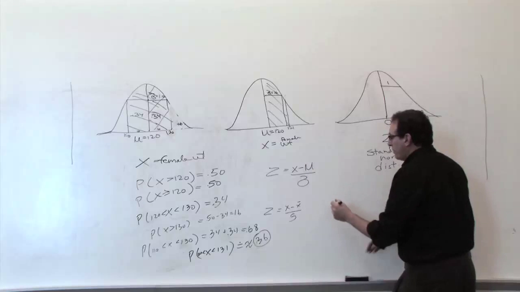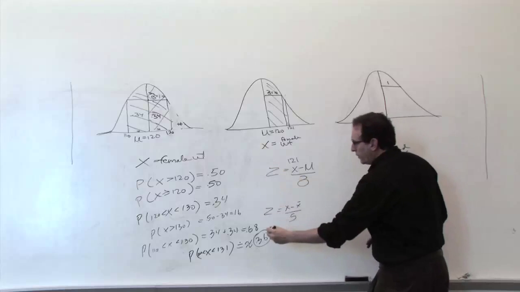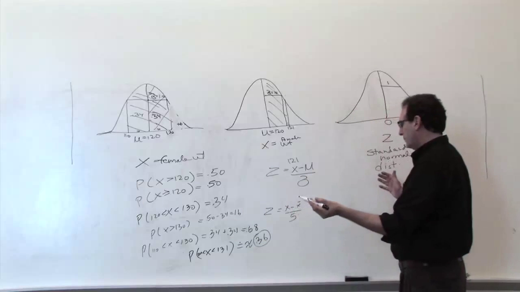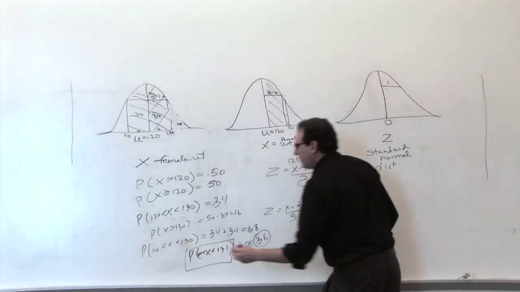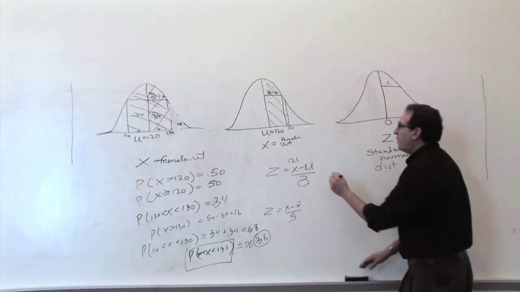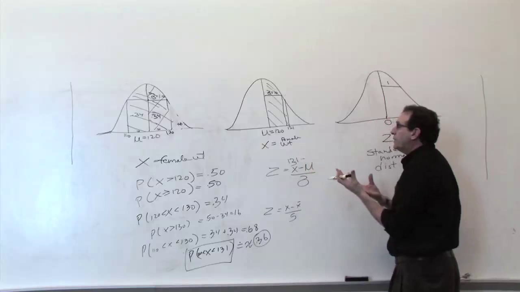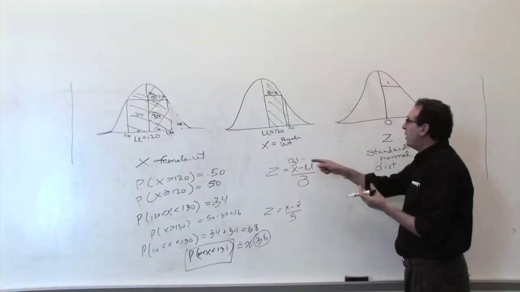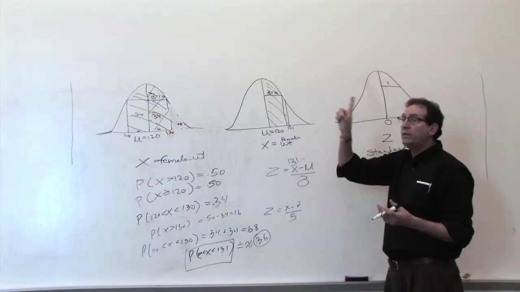Let's try to apply the formula to our situation. We want to know, if somebody has a weight of 131, this is the question we're focusing on right now. If somebody has a weight of 131, what is their z-score? Well, somebody who's 131 is about 11 points above the average, but 10 pounds represents 1 standard deviation.